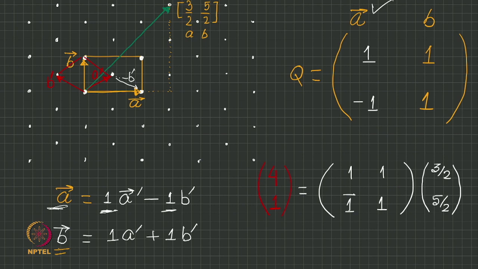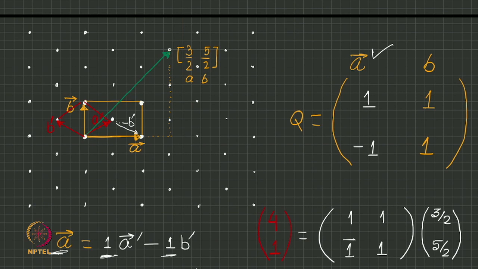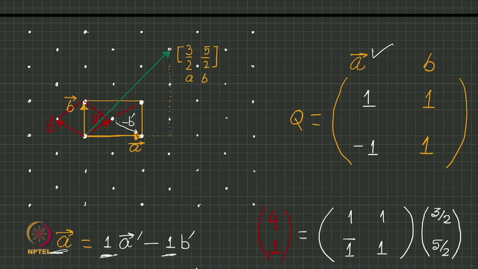Let us see if that is right. We start our journey with 4 A prime: 1, 2, 3 and 4, and 1 B prime. So, I go in the B direction, 1 B prime. Sorry for the confusion with the number, but I hope you are able to see. So, 4 A prime and 1 B prime, just what the doctor ordered.